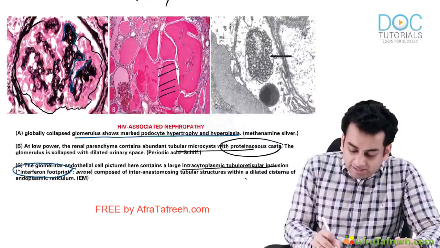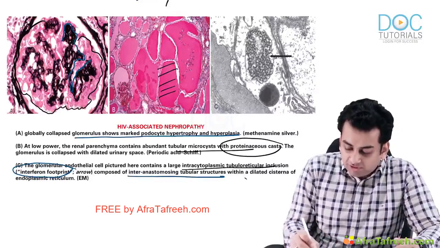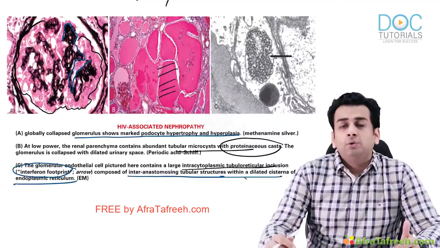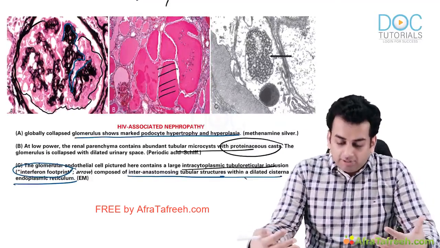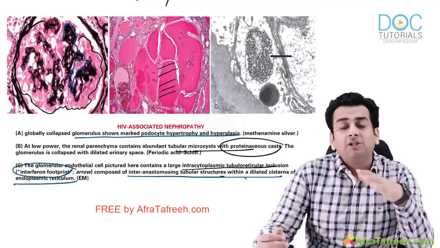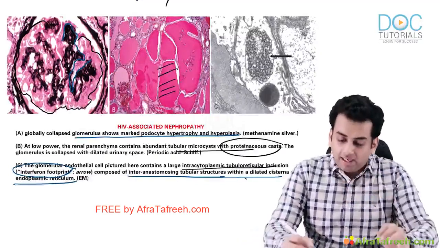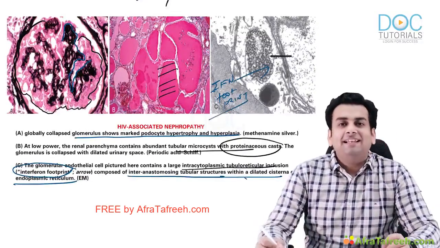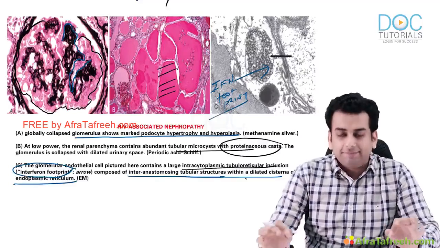Due to interanastomosing tubular structures within the dilated cisterna of the ER. So it is due to the anastomosis of the tubular structures of the dilated endoplasmic reticulum, and it is known as the interferon footprint, which is present in HIV associated nephropathy.